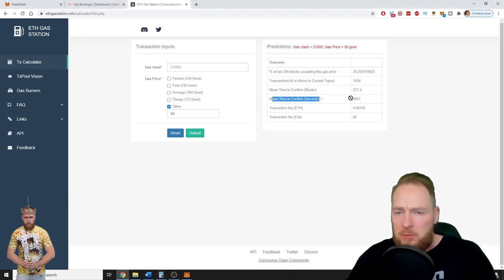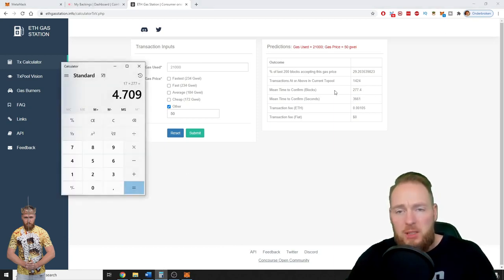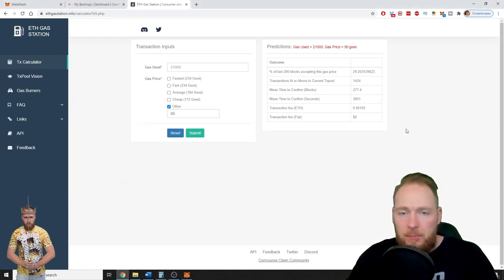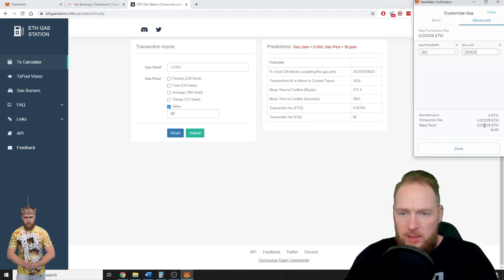But meantime to confirm, let's say around 3,661 between this number and this number. Transaction fee 0.001 Ethereum. So that's even less than 1/3 of this.